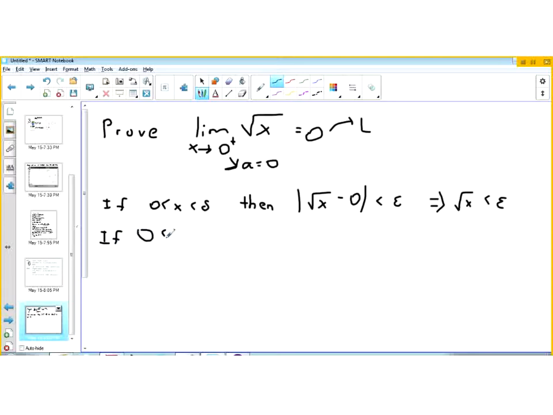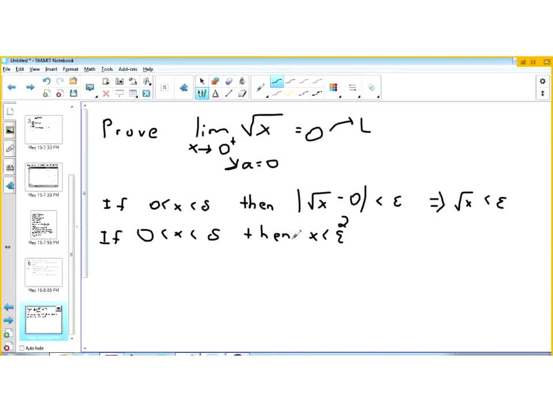So if x is a delta distance from 0, then x is less than epsilon squared.